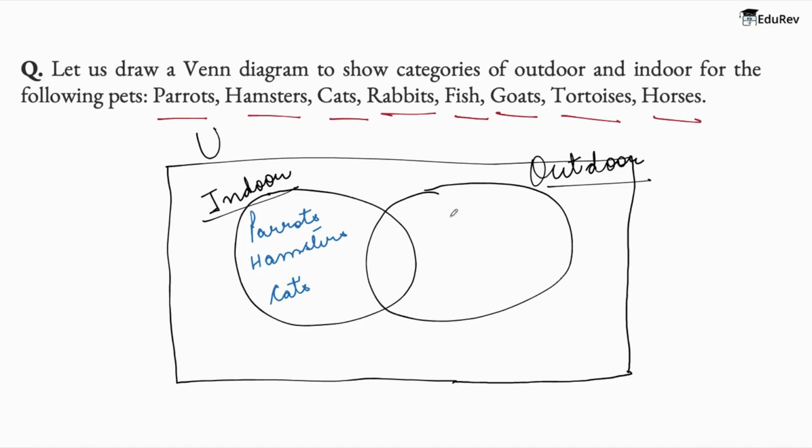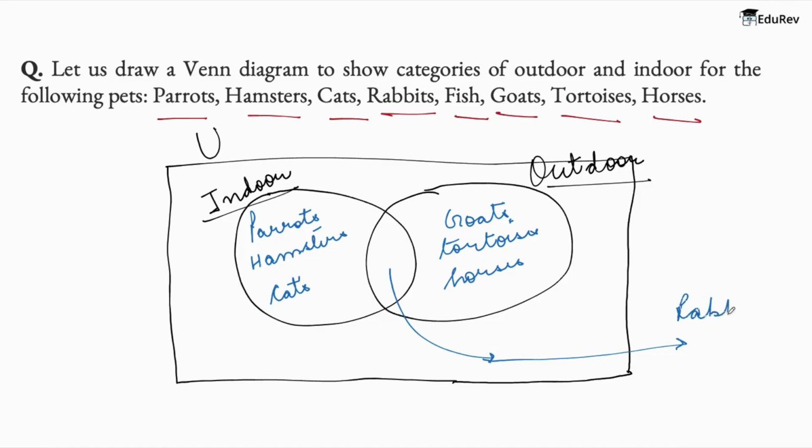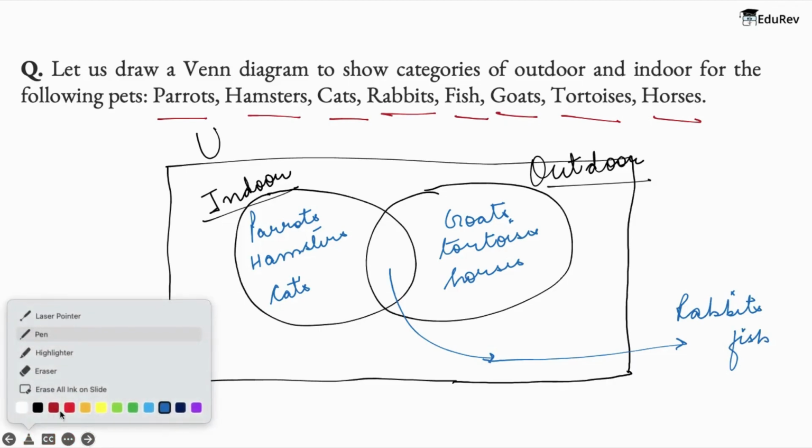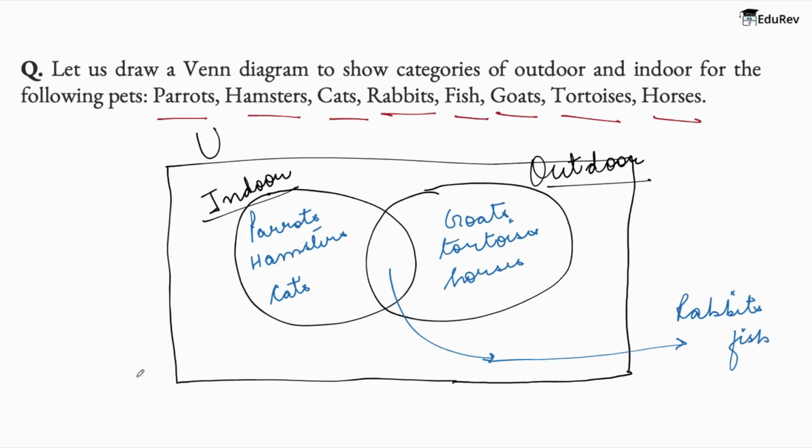Then when I talk about the outdoor ones, we have goats, we have tortoises, and we have horses. Then the ones which belong to both the sets, I'm just going to write them here because I don't think they will fit in there. So we have rabbits and we have fish.